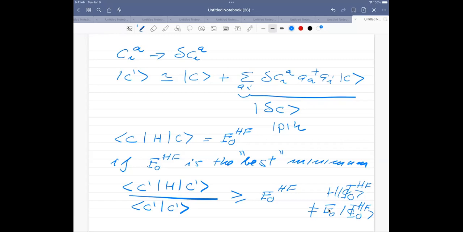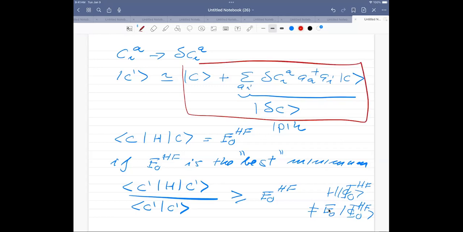So what we are going to do now is simply an exercise in contractions and Wick's theorem. And we are going to calculate the different contributions. And since we have stopped at first order in delta C, that means that when we now calculate the expectation value of this energy, which we have here, and this one, we are going to stop at contributions which go like delta C squared.